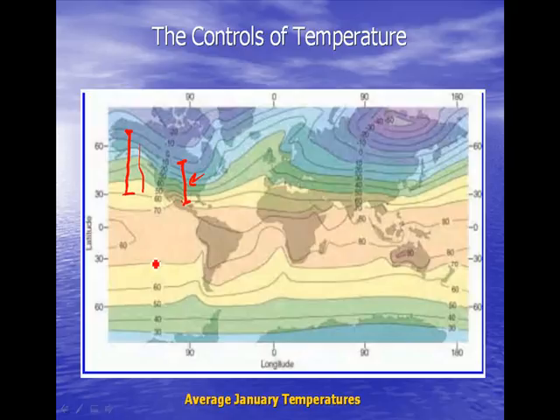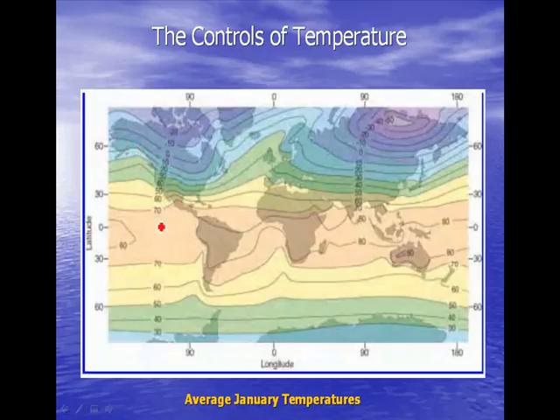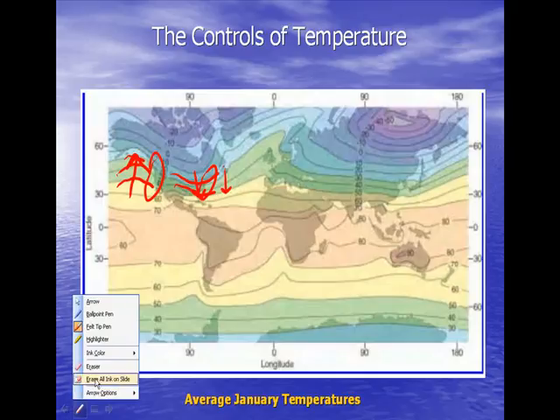Also notice that the isotherms, the lines of constant temperature or equal temperatures, over the continent begin to point downward. Whereas over the ocean here, over the Pacific Ocean, they begin to point upward. Down over the ocean on this side, they begin to point downward. And notice right along the coast is a change where the isotherms begin to spread out.